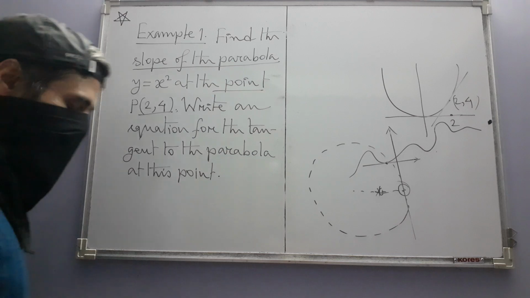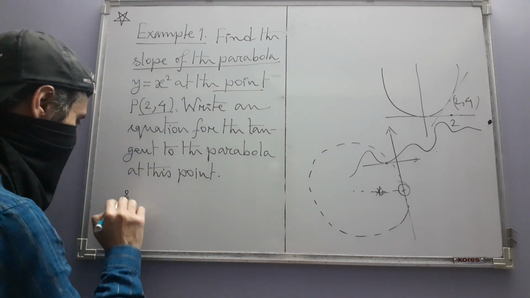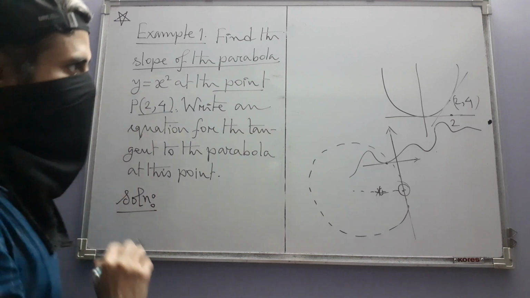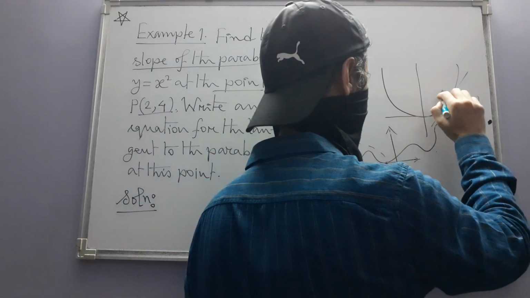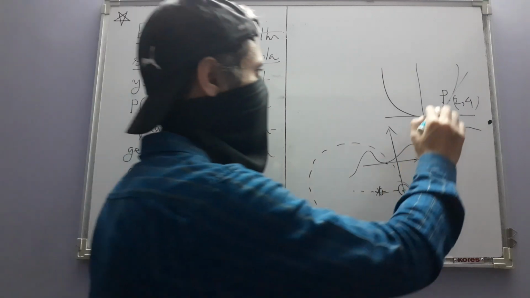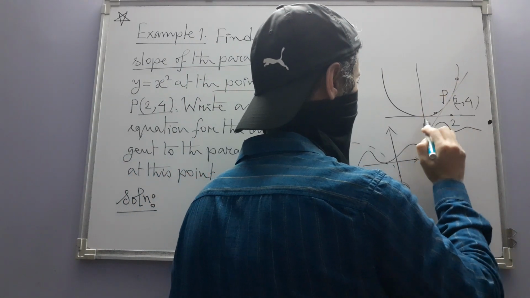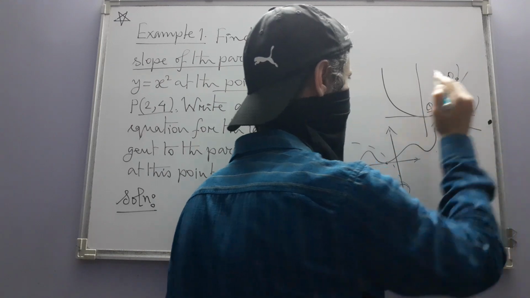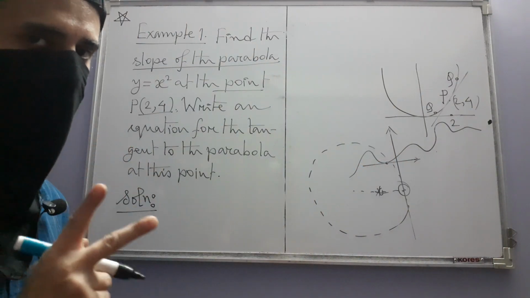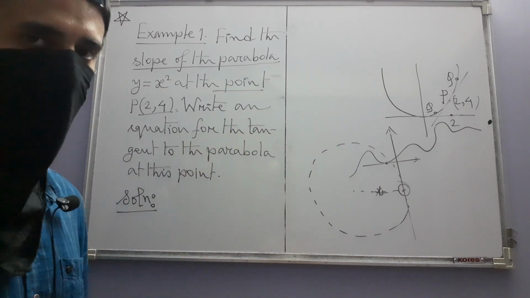Okay, so to solve this, what we will do, this is your point P. The process is to consider a point Q on this side also, on that side. There are actually two processes involved here.